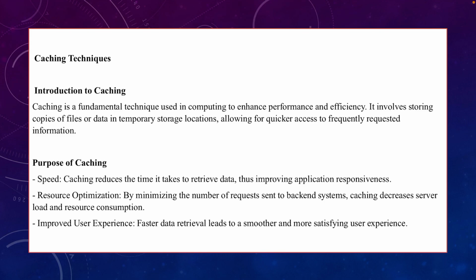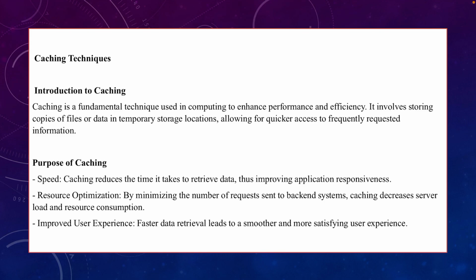And also, this allows for faster access to data, reducing the time it takes to retrieve it from the original source. So the purpose of caching: we have speed, resource optimization, and improved user experience. With speed, caching reduces the time it takes to retrieve data, thus improving application responsiveness.